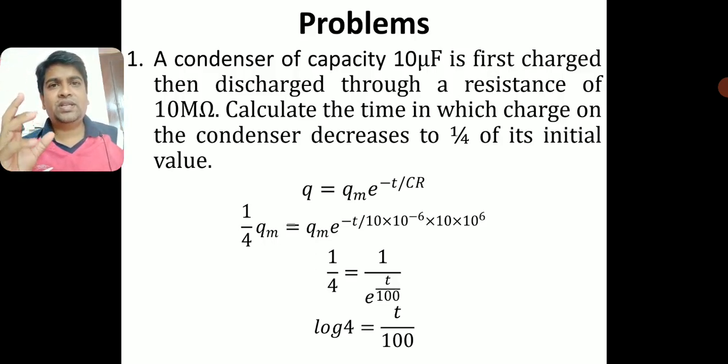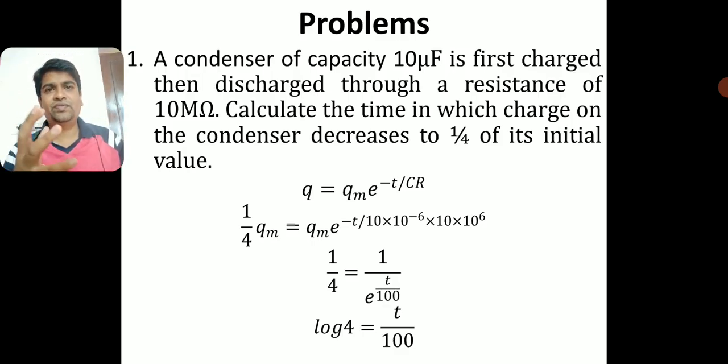Students, this is purely a problem of discharging in the CR circuit. First you need to judge which circuit this is. Capacitance is given and resistance is given, which makes it very clear that this is a CR circuit.